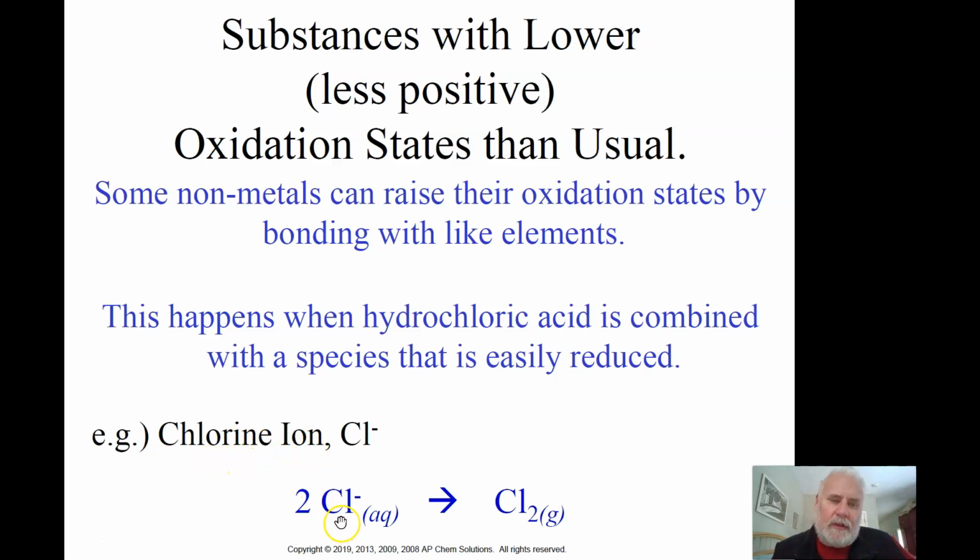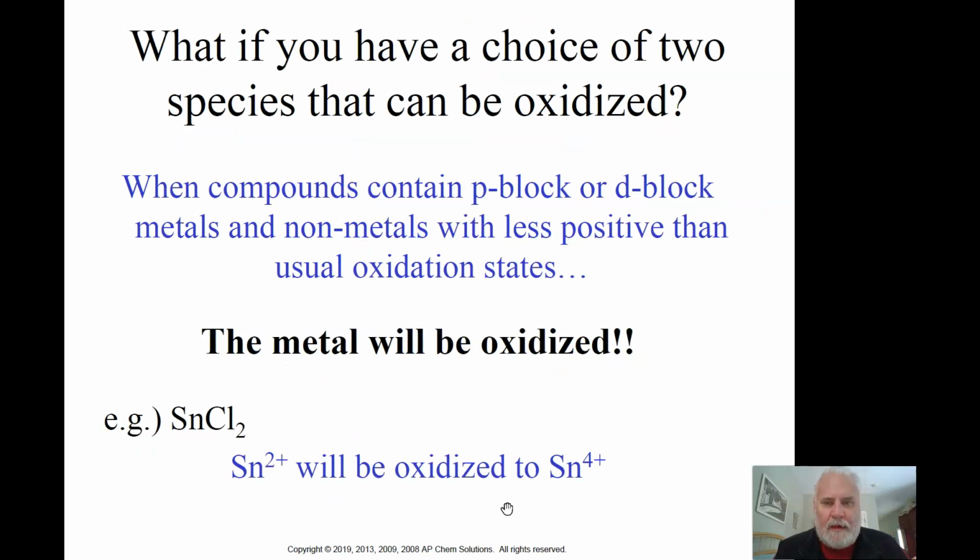And if you're talking about chloride ion going to Cl2, that's -1 to 0. Again, that's up, so that's an oxidation, as we mentioned before.